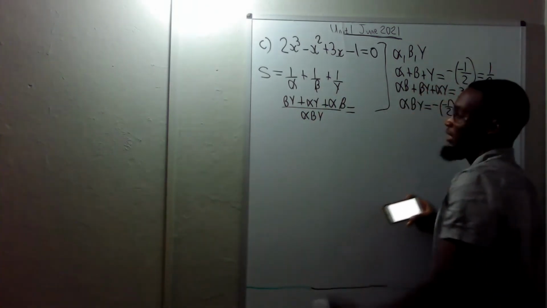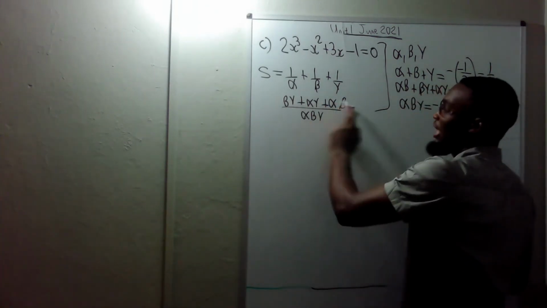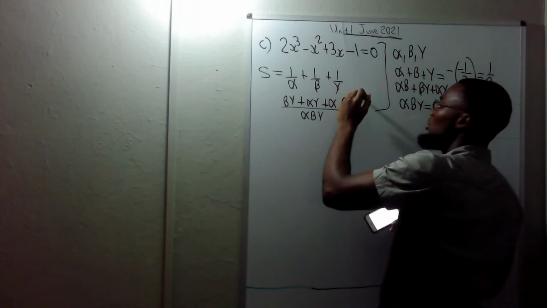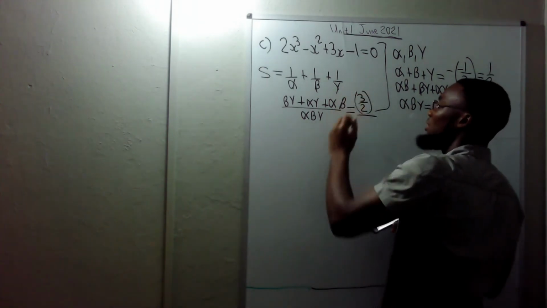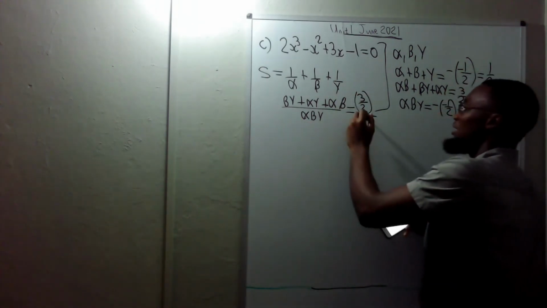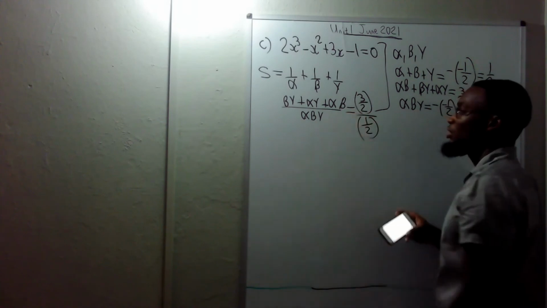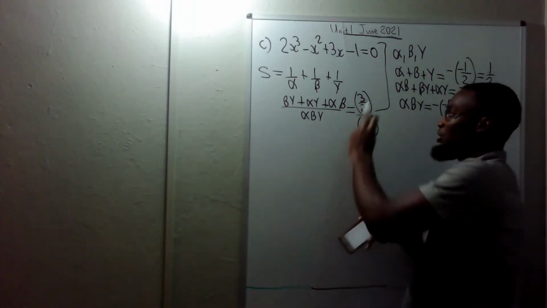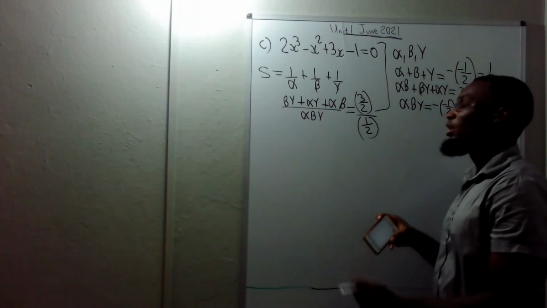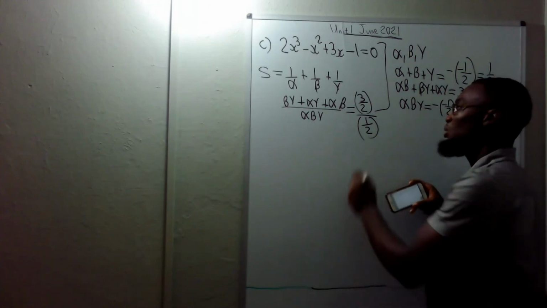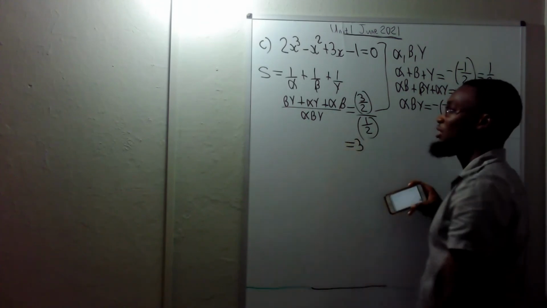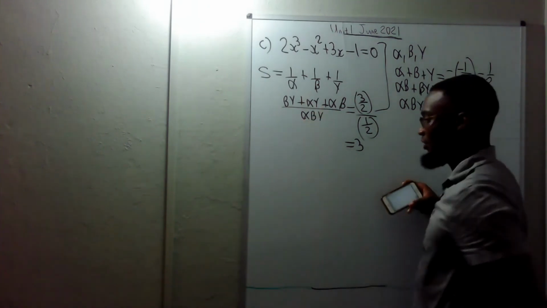Now this part right here is 3 over 2, and 3 over 2 is divided by alpha beta gamma, which is a half. 3 over 2 divided by half is 3 over 2 times 2, that works out to be 3. So the sum is 3.